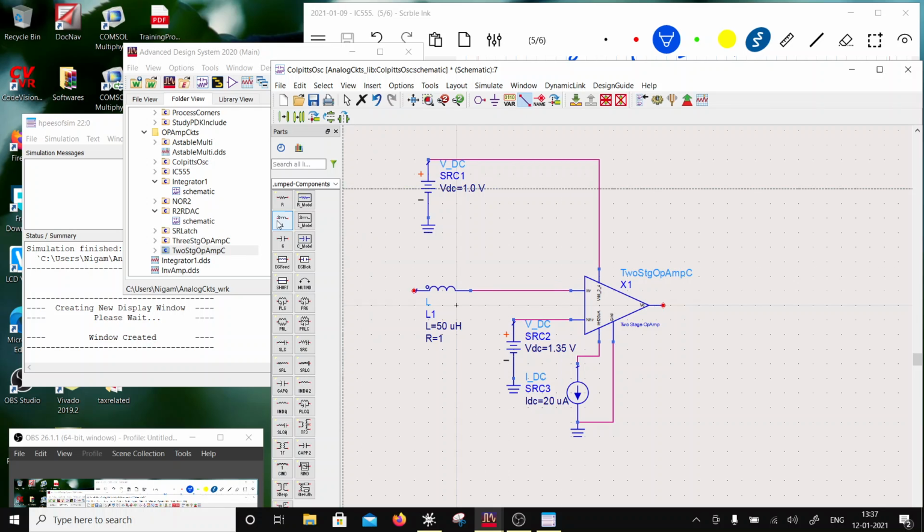Okay, and then I'm going to put 2 capacitors which are going to be 0.5 nanofarad, 0.5 nanofarad, right?